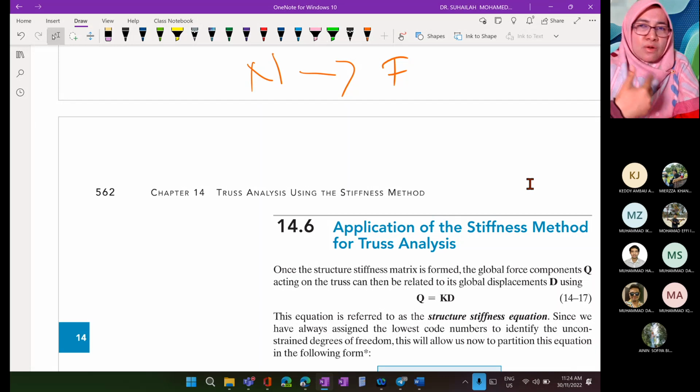In the flexibility method we cannot get displacement, we can only get the reaction at the support. But by using the stiffness matrix method, we can get all the outputs, displacement, reaction, and member forces, using what we call the stiffness equation or force displacement equation.